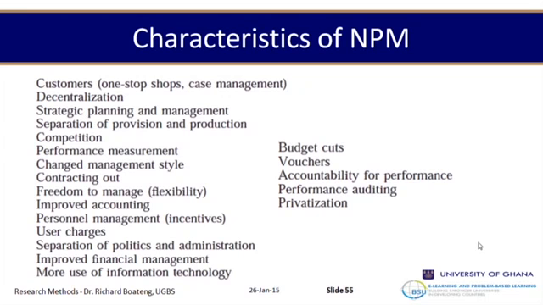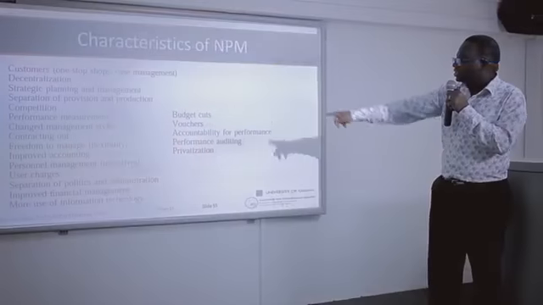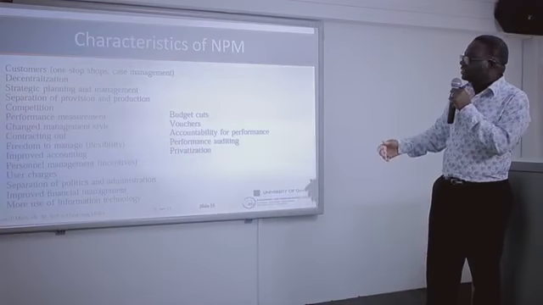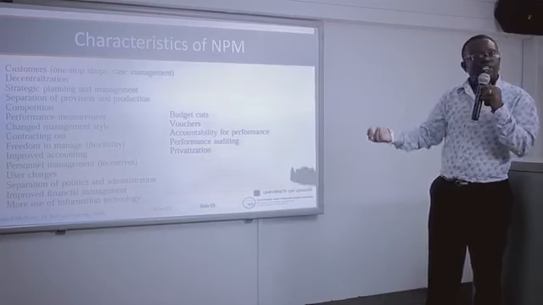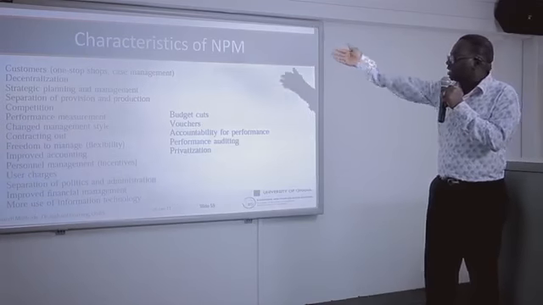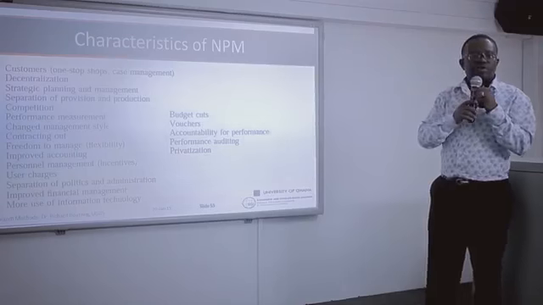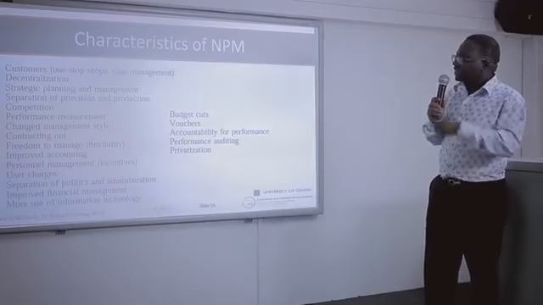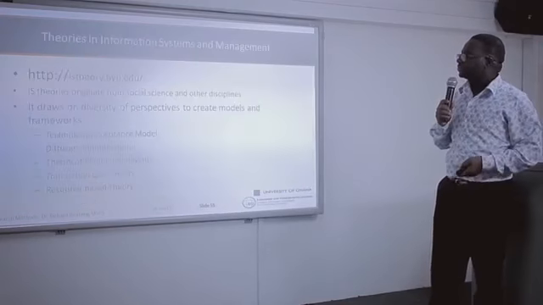In public sectors that have adopted NPM, you see budget cuts, accountability for performance, privatization, user charges, and separation of politics from administration. If you reflect back on Ghana, we have gone through that, especially with a lot of diversification. You see privatization being there. Some people even argue for the introduction of technology as a means of achieving the ideals of new public management. Good. But this is for those doing public administration.